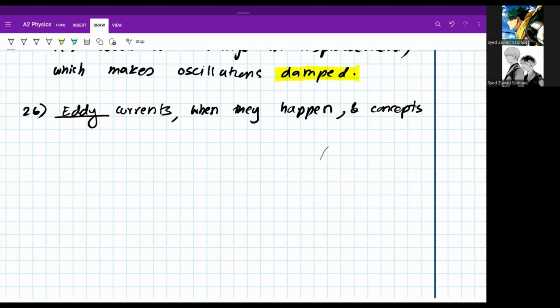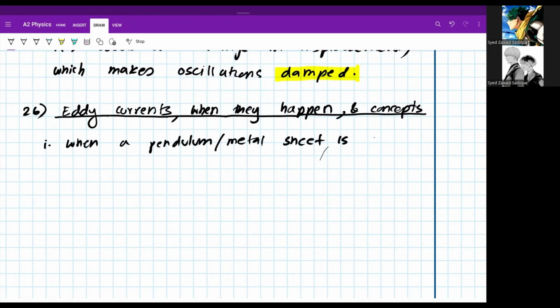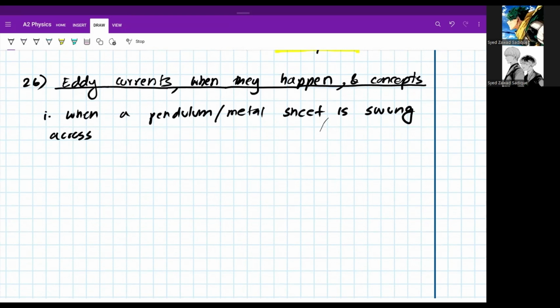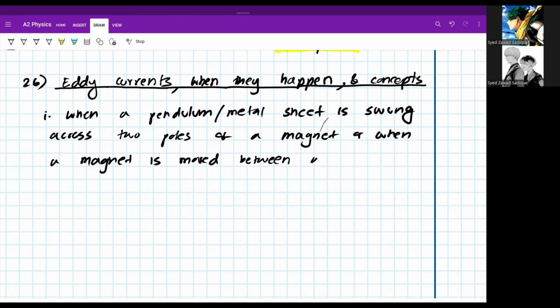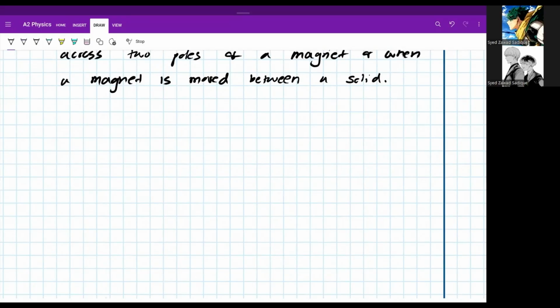Okay. Now, let's say when a pendulum or metal sheet is swung across 2 poles of a magnet, or when a magnet is moved between a solid object.